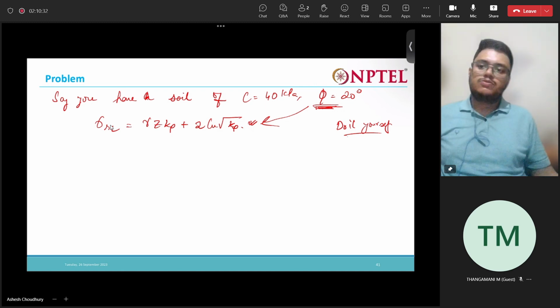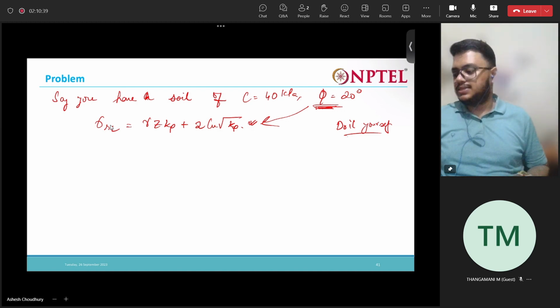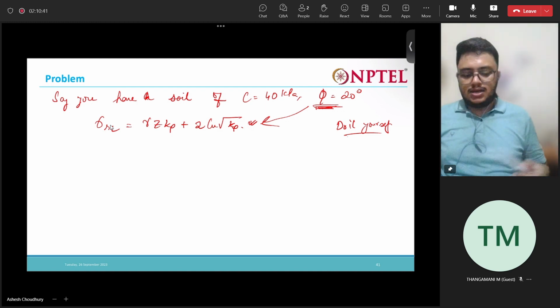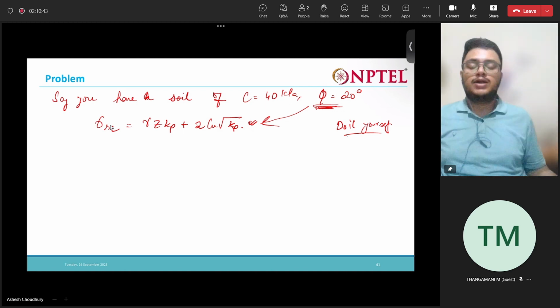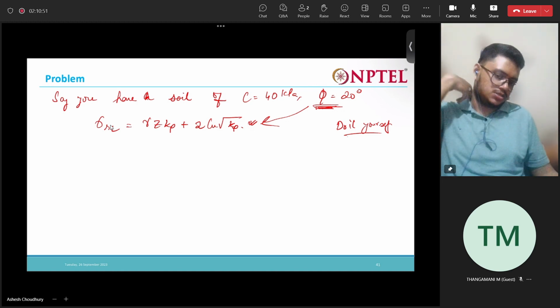Okay, so with this we will end today's session, and in the next session we are going to discuss other things, including designing for drainage and filtration and other short, small purposes of geosynthetics.